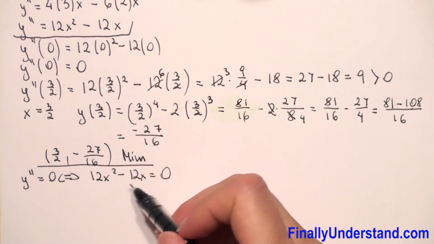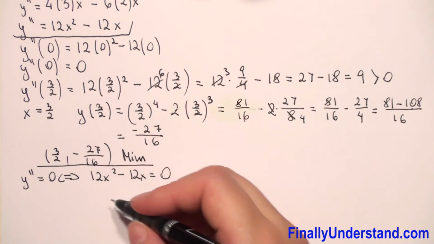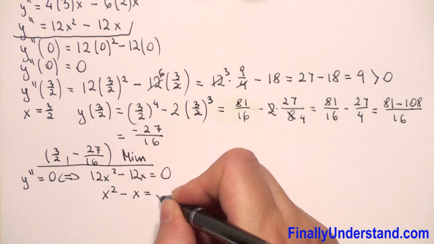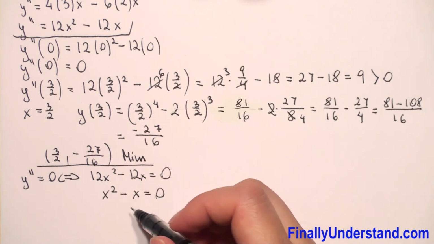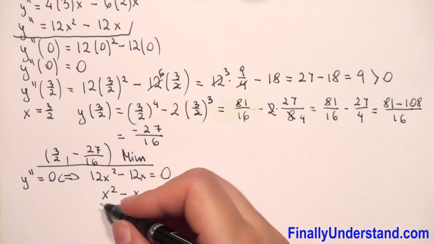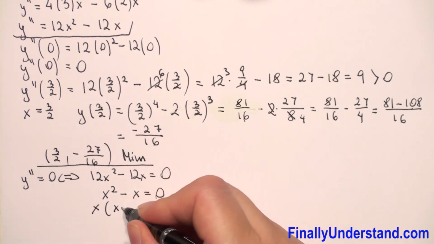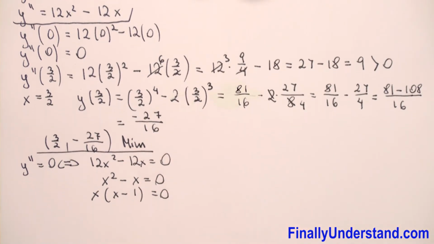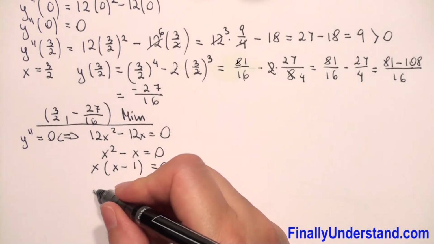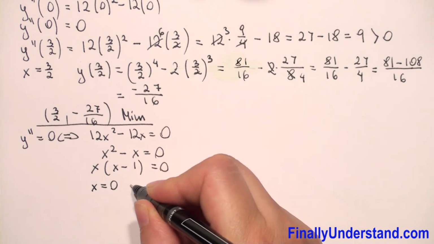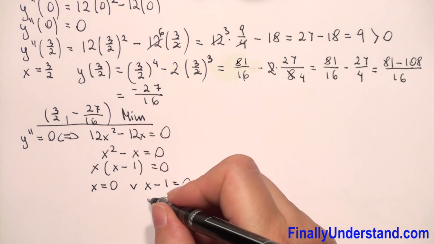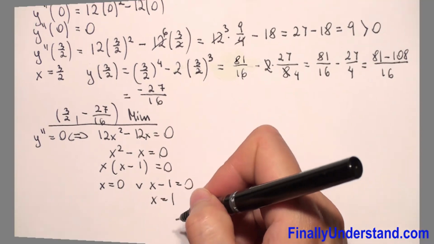I will divide every expression by 12, so we will have x squared minus x equals 0. Now we can factor x, so it will be x times x minus 1 equals 0. So the left side will be 0 when x is 0, or x minus 1 is 0. So it will be x equals 1.